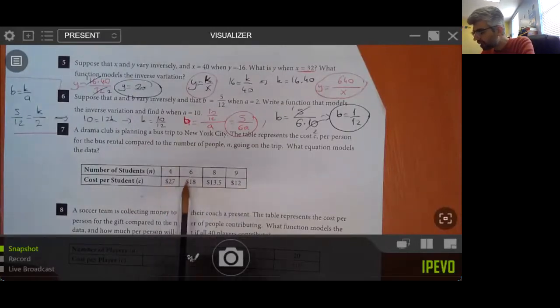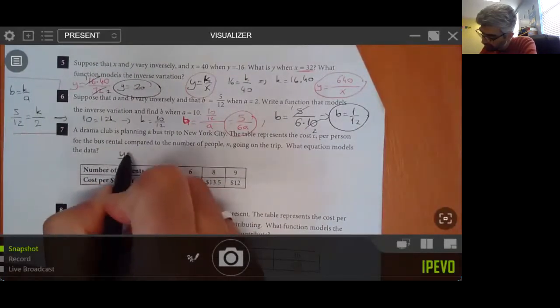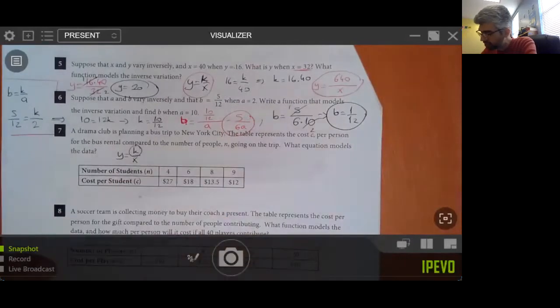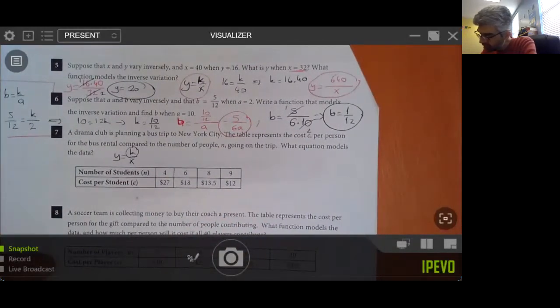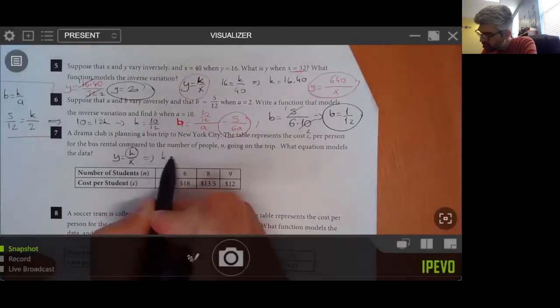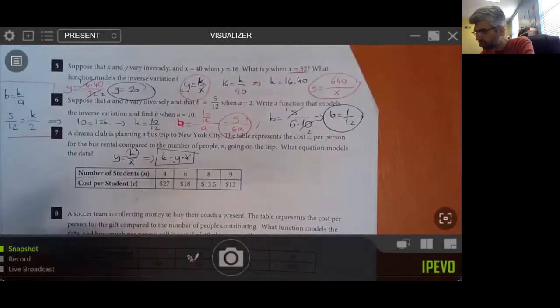How were we doing, guys? We should find the constant for every data. So we have Y is K over X. We need to find the K. Here, as you see, K is equal to Y times X in inverse variation, if I make the cross product.